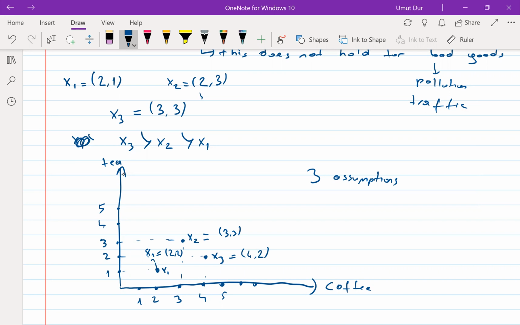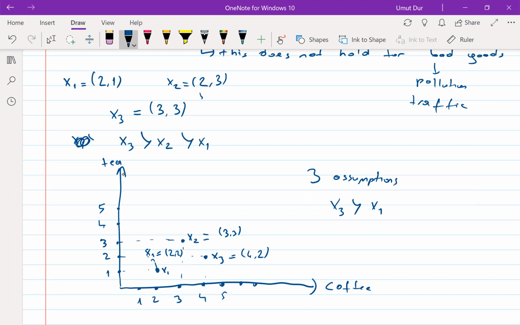Do those three assumptions tell anything about the relation between x3 and x1, by just using those three assumptions? Can we say which one is better, which one is preferred? x1 will be less preferred, which means that x3 is preferred.